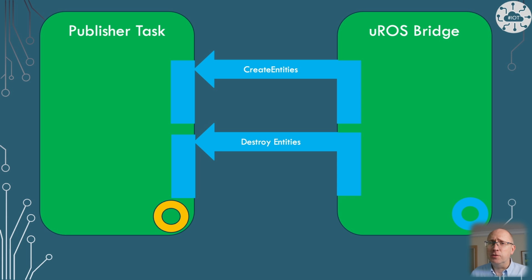We're going to extend that so that we can actually add subscribers. So when we create or destroy the entities, one of those entity types is a subscriber, and in this application we're subscribing to two additional messages, that command velocity and that do pose.